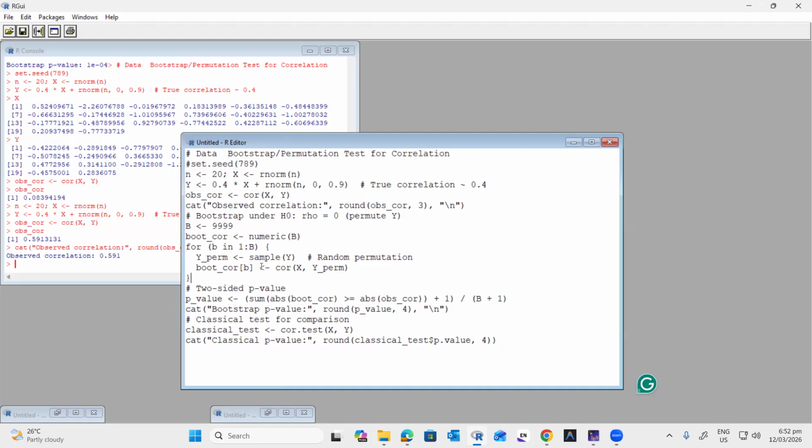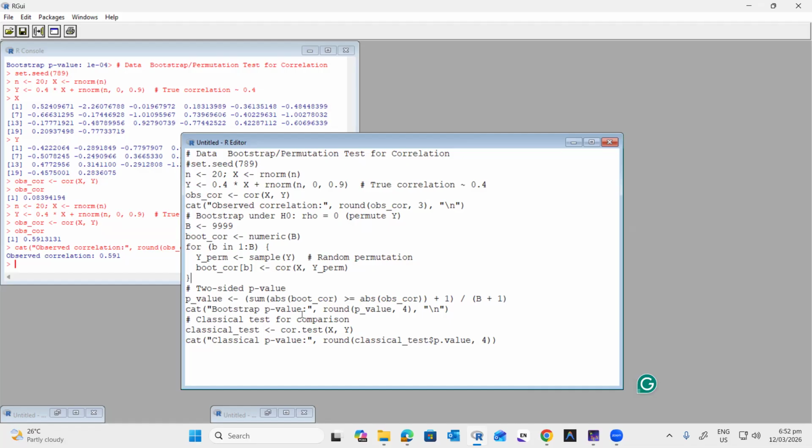It will be a two-sided p value. As we have done earlier, we count the number of sample correlations where the absolute value of the bootstrap correlation is greater than or equal to the absolute value of the observed correlation.